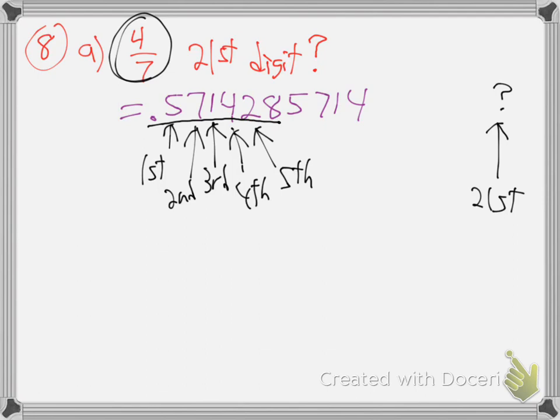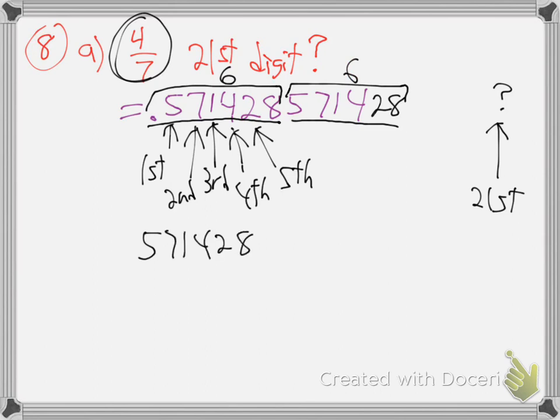571428. Must be. Now how many digits is that? How many in the pattern? 6 here. 6 here. So then we're going to have another 571428.